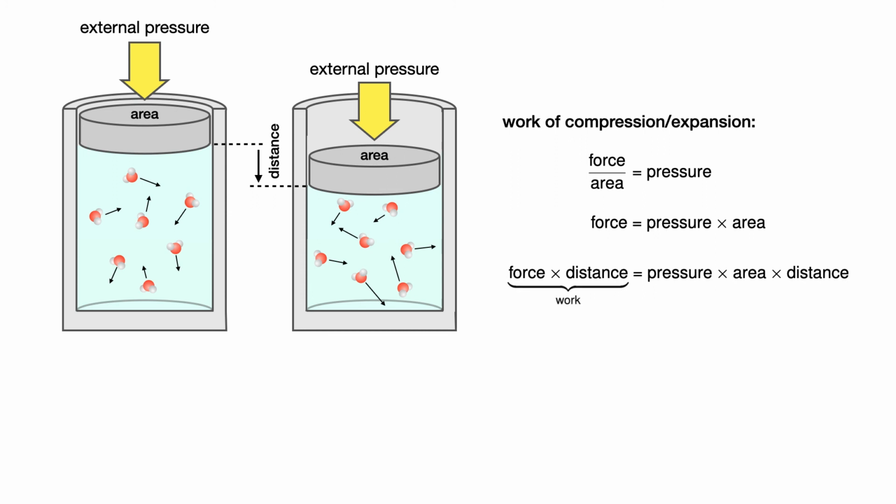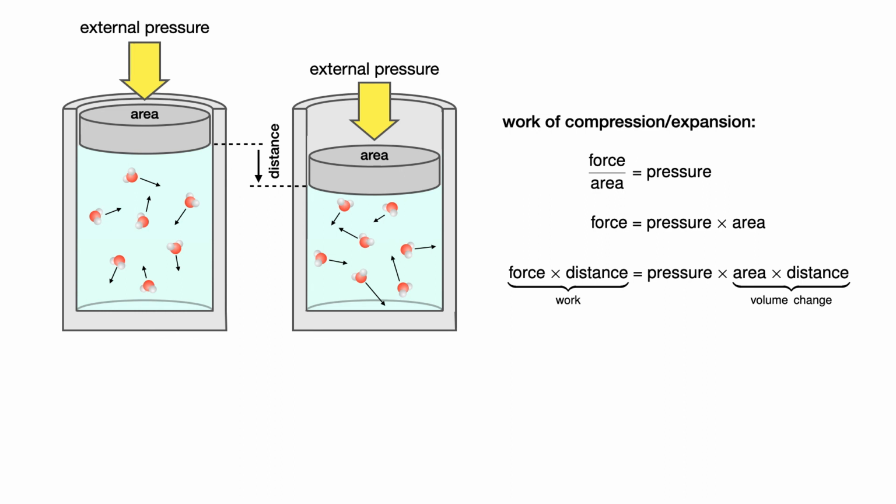So force times distance is work, and the area of the piston times the distance that it's moving, if you think about it, the area times the distance is equal to the volume that the system is being compressed by. So the area times distance is equal to the change in volume of the water vapor here.